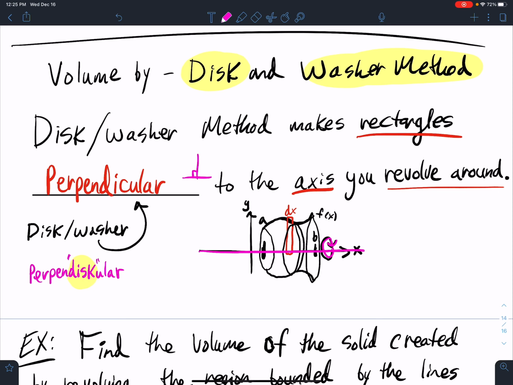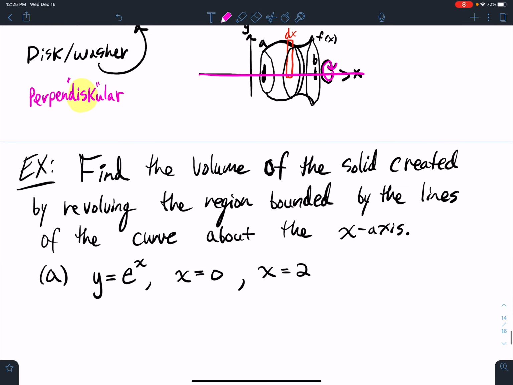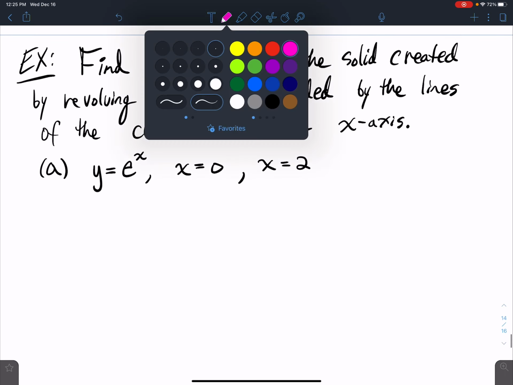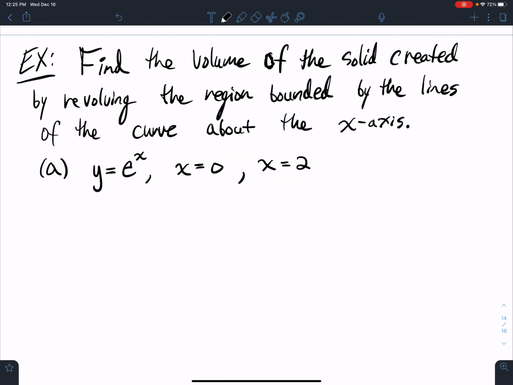So we have a problem where we want to find the volume of a solid created by revolving the region bounded by the lines of the curve about the x-axis. Okay, so let's draw it up.